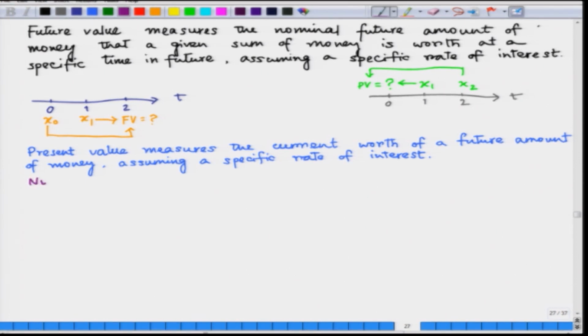Okay. Now, let us look at a numerical problem. Case 1, we will talk about the future value.